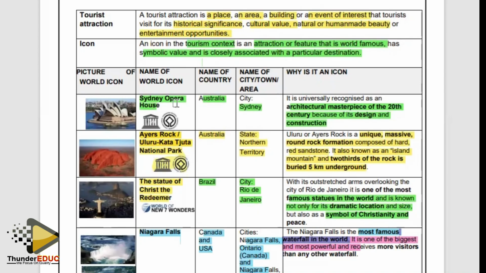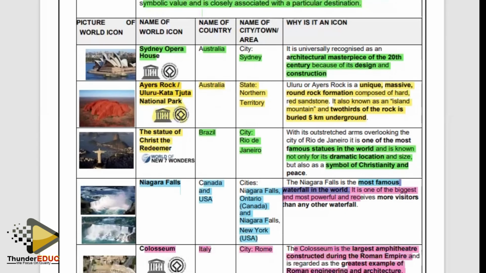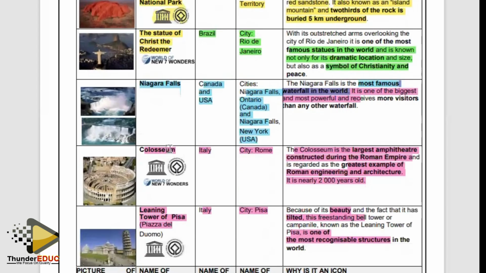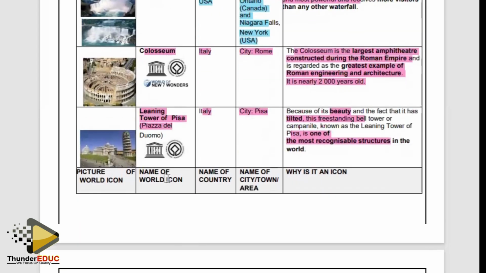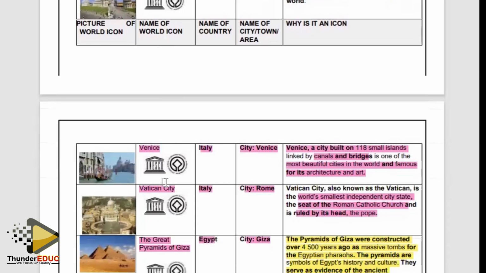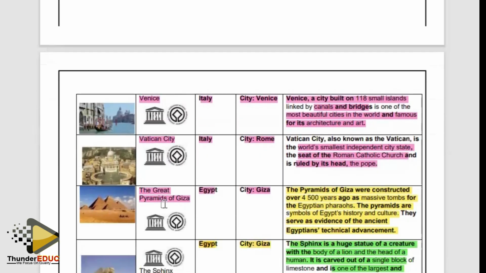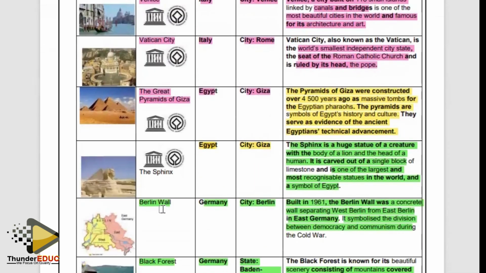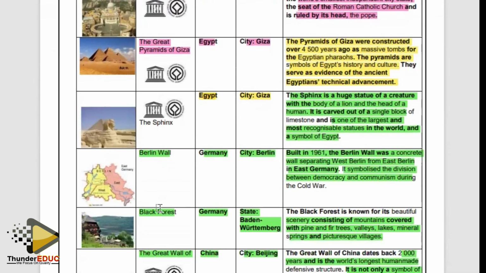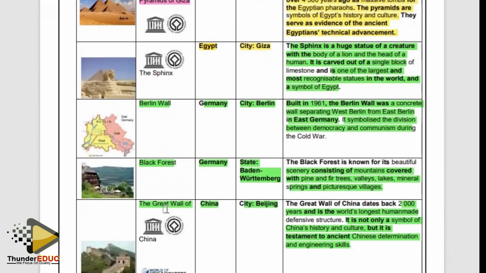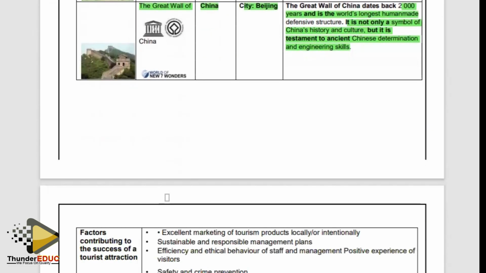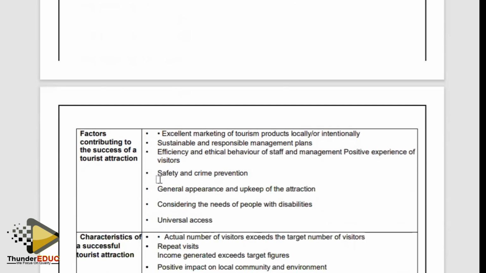The Sydney Opera House 1, Ayers Rock 2, Statue of Christ the Redeemer 3, Niagara Falls 4, Colosseum 5, Leaning Tower of Pisa 6, Venice 7, Vatican City 8, the Great Pyramids of Giza 9, the Sphinx 10, the Berlin Wall 11, the Black Forest 12, the Great Wall of China 13. All in all, there are 13 icons which you need to study for in 2024.